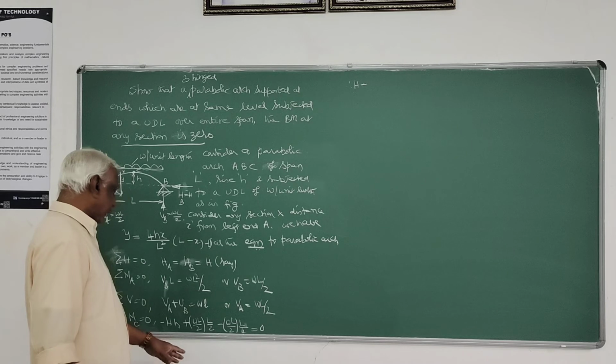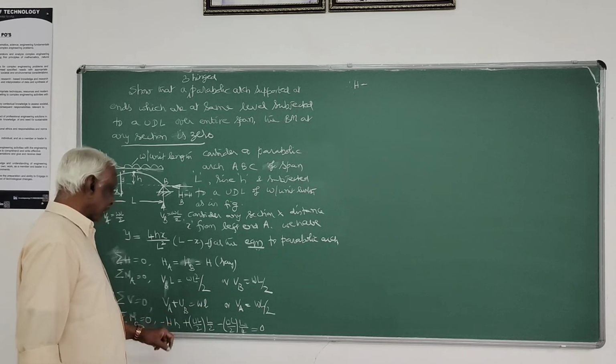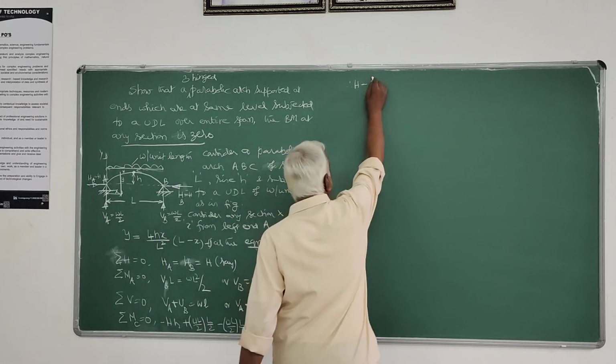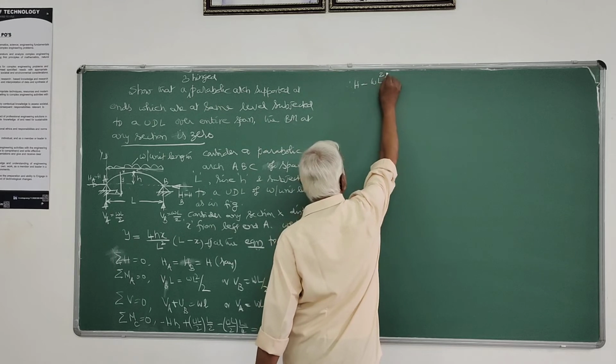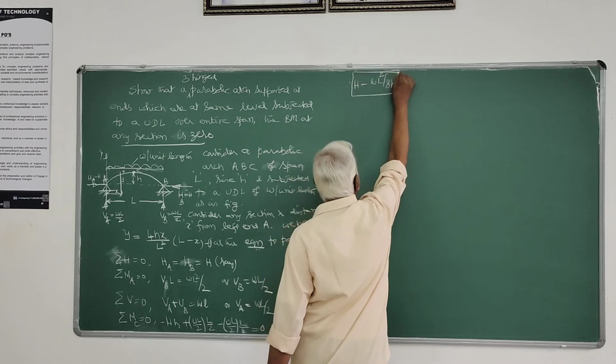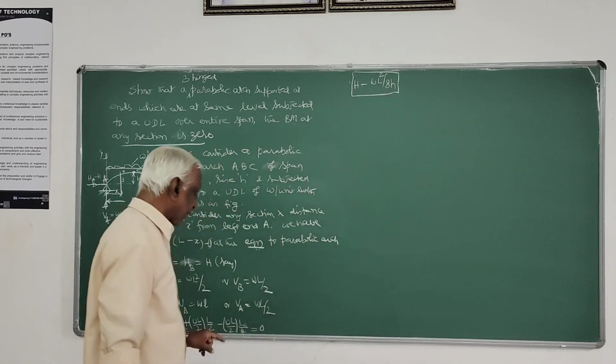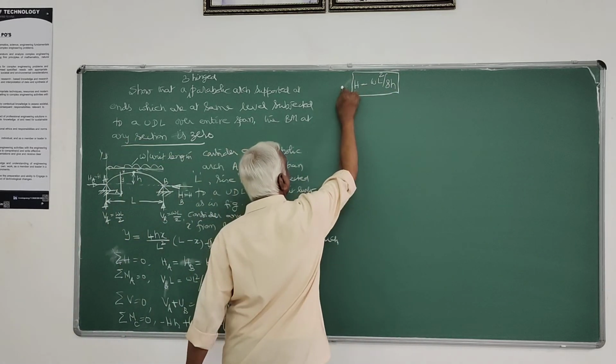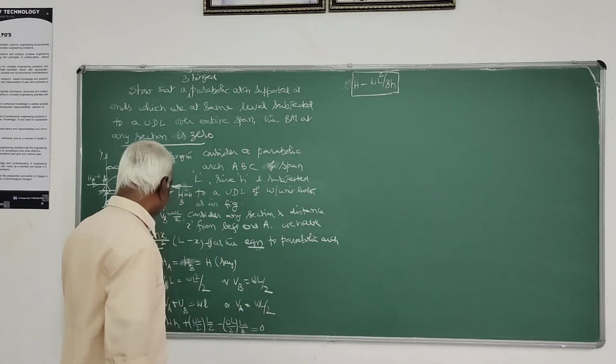So H is equal to WL square by 8h. This is your horizontal reaction.